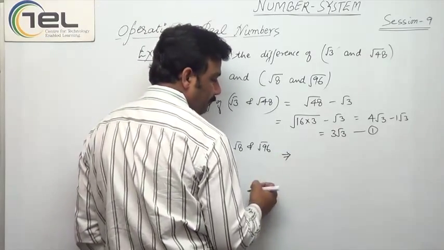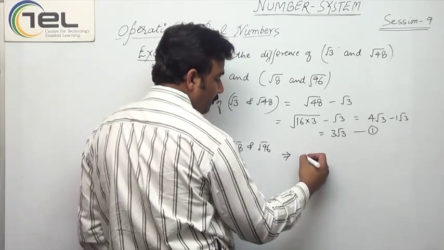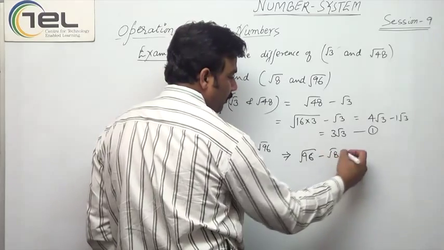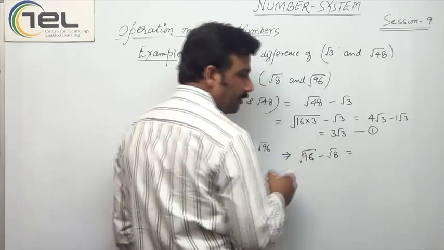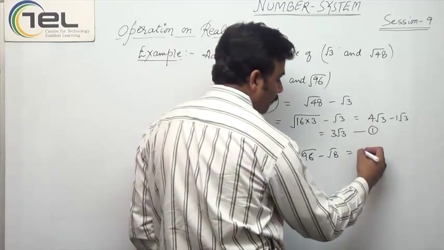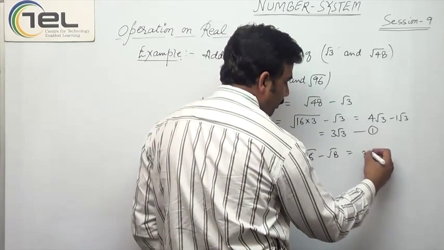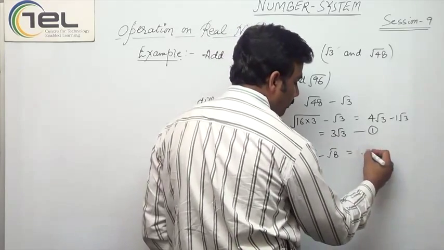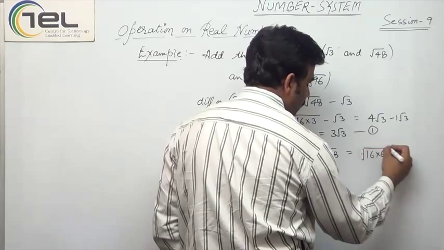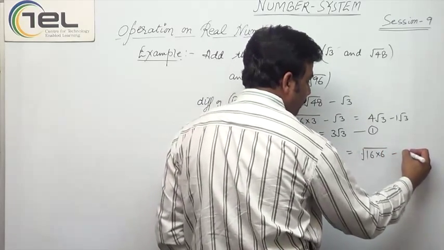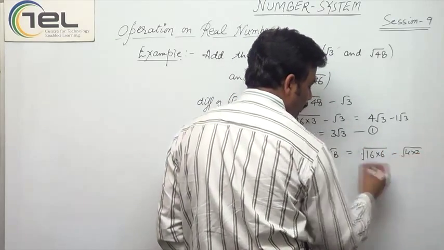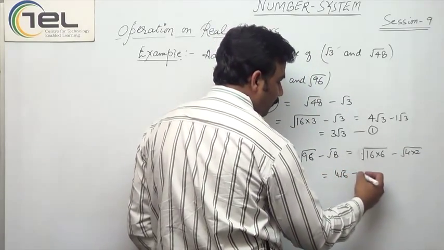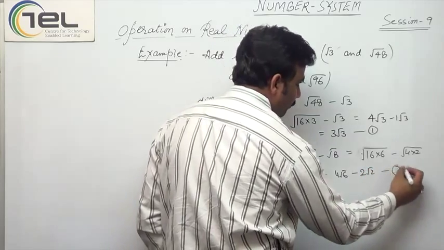It is root 96 minus root 8, and 96 can be written as 16 into 6, and 8 can be written as 4 into 2. So it will be 4 root 6 minus 2 root 2. This is equation number 2.